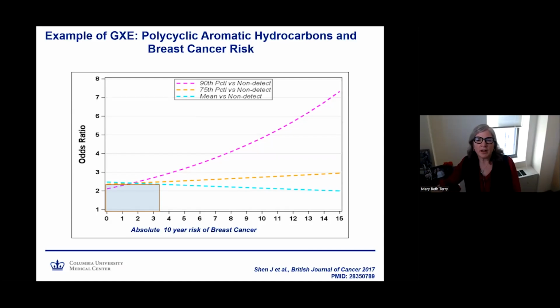Here we illustrate the concept with our family-based study, where again, the predicted absolute risk is on the x-axis and the estimate of the association between polycyclic aromatic hydrocarbons, which is also referred to as PAHs. The protein adducts here are measured in blood with respect to breast cancer.